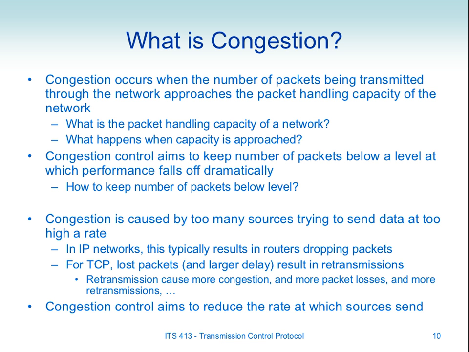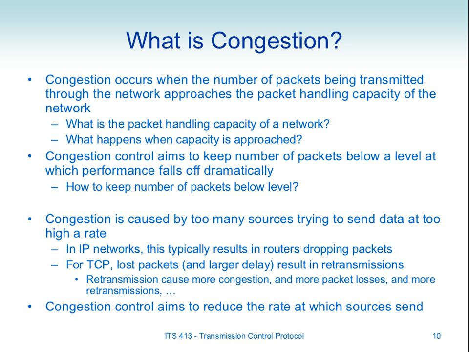It's not easy to define what's the capacity of a network because there are many individual links in there. So that's one uncertainty in this definition of congestion, understanding what is the capacity of our network. There's no easy way to calculate what that is.